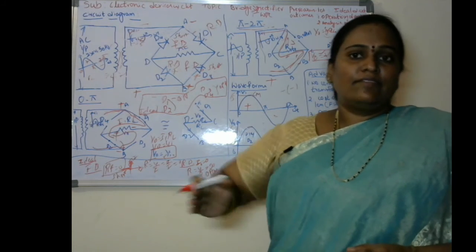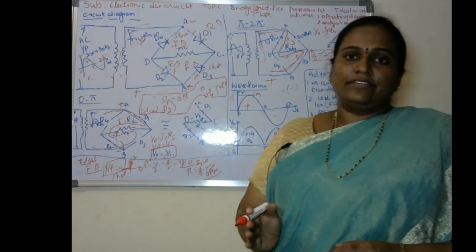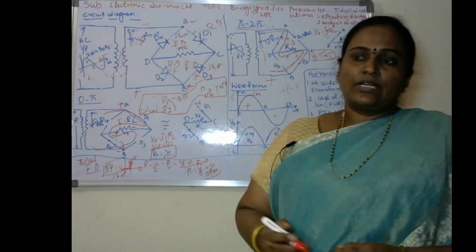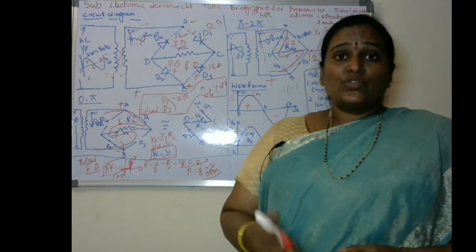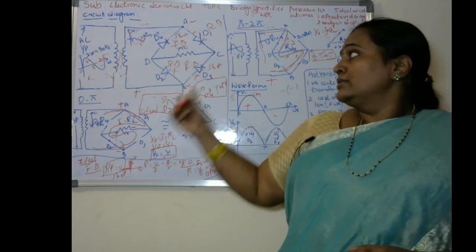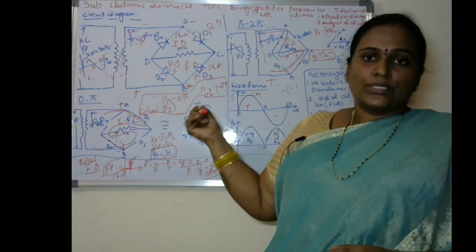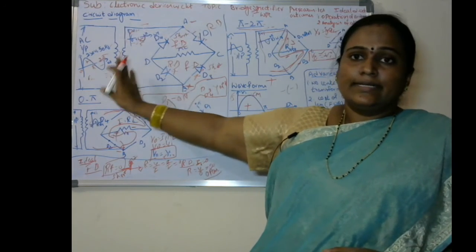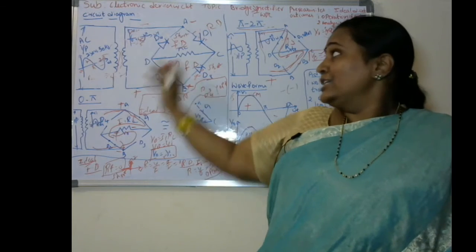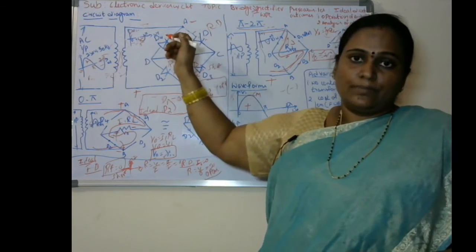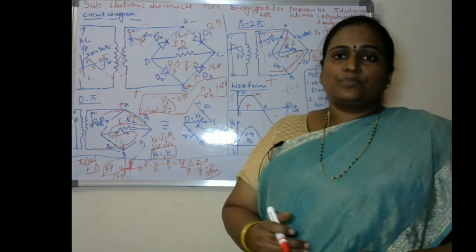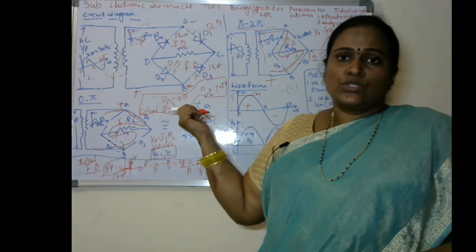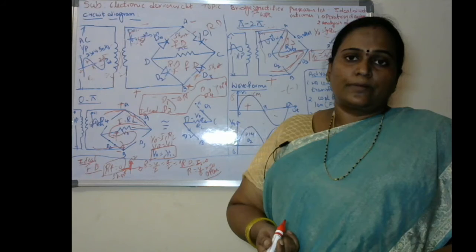That is a major disadvantage for the normal full wave rectifier. In order to avoid that problem, the bridge rectifier is used. The bridge rectifier does not use the center tap transformer, and it uses 4 diodes. But when compared with the center tap transformer, the diode cost is very less.